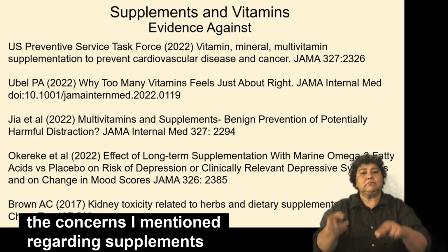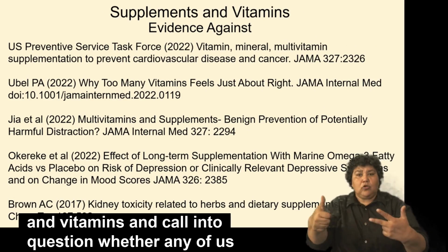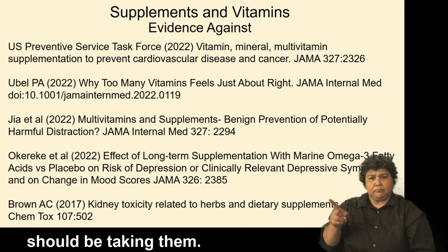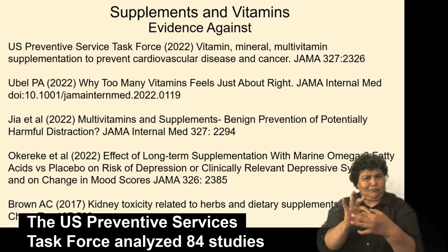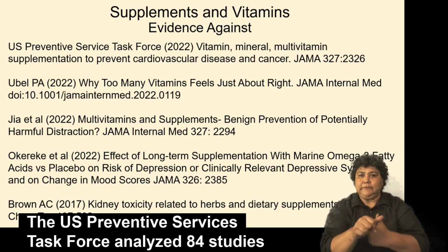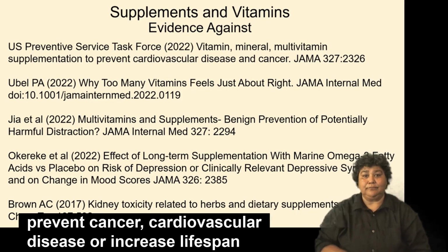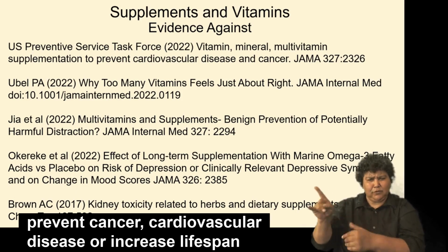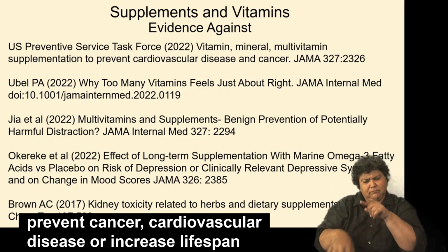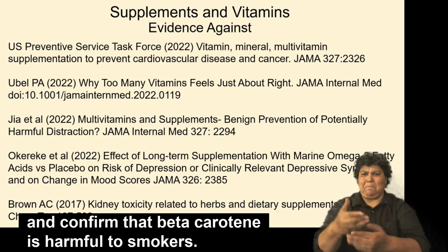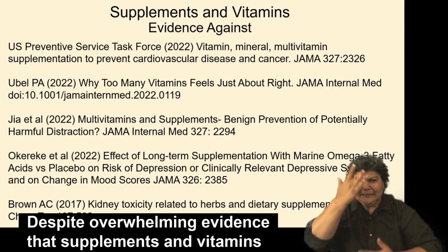This slide shows references that support the concerns I mentioned regarding supplements and vitamins and call into question whether any of us should be taking them. The U.S. Preventive Services Task Force analyzed 84 studies and found little evidence that vitamins and minerals prevent cancer, cardiovascular disease, or increased lifespan, and confirmed that beta-carotene is harmful to smokers.